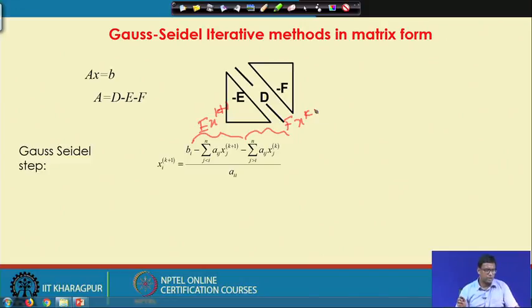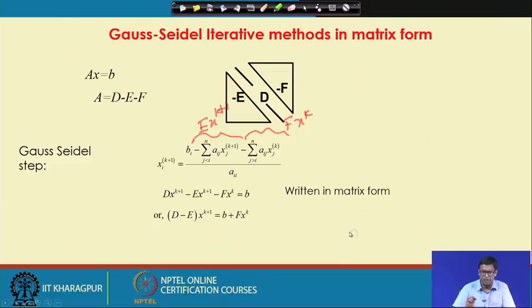So, we can write the Gauss-Seidel matrix form as D x_(k+1) minus E x_(k+1) minus F x_k is equal to b, which is (D minus E) x_(k+1) is equal to b plus F x_k, and x_(k+1) is (D minus E) inverse b plus (D minus E) inverse F x_k.